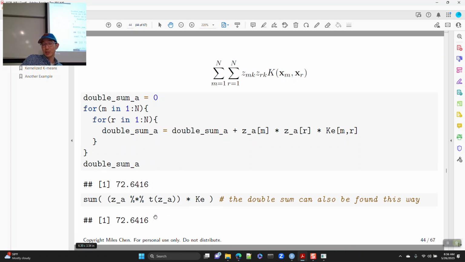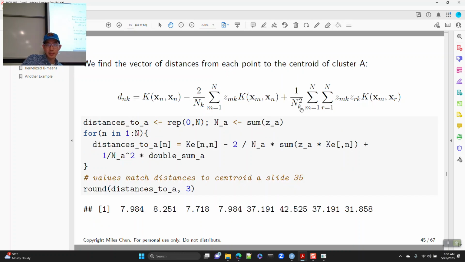You could do a little bit of trickery and get it this way as well. But you can just get this double sum value, and then we calculate all of these things. So if we go to the first cluster, these are the distances to the centroid of cluster A. If you look at these values, here we found the values.